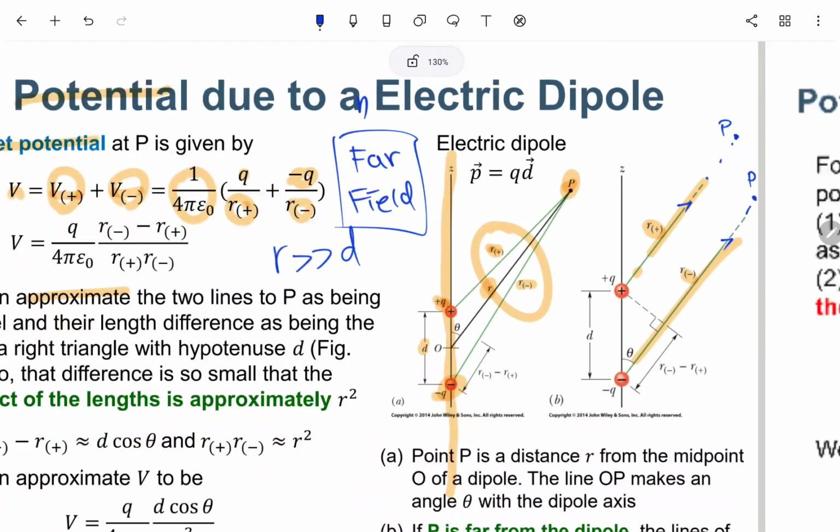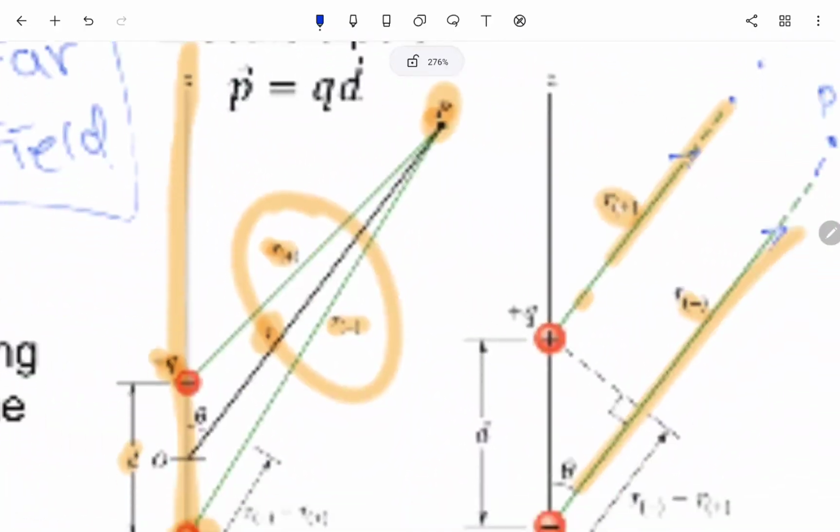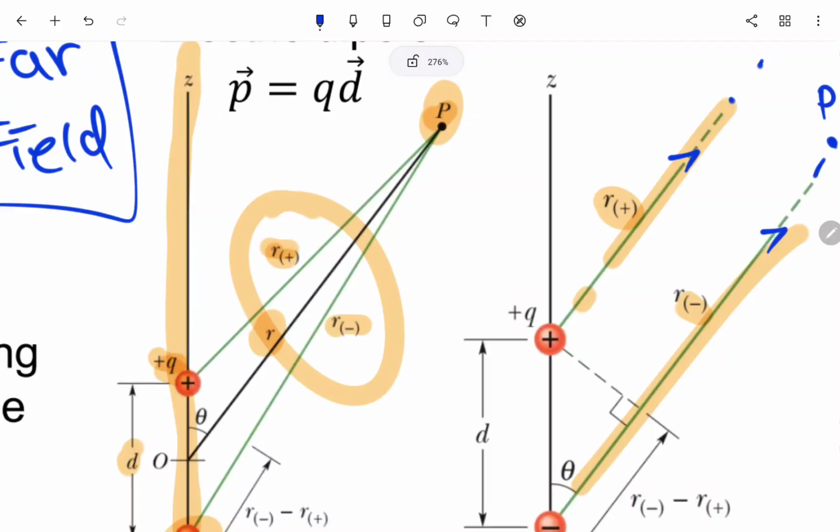It may be hard to imagine, but just imagine that P is very, very far away, then these two lines become more and more parallel as P gets farther and farther.